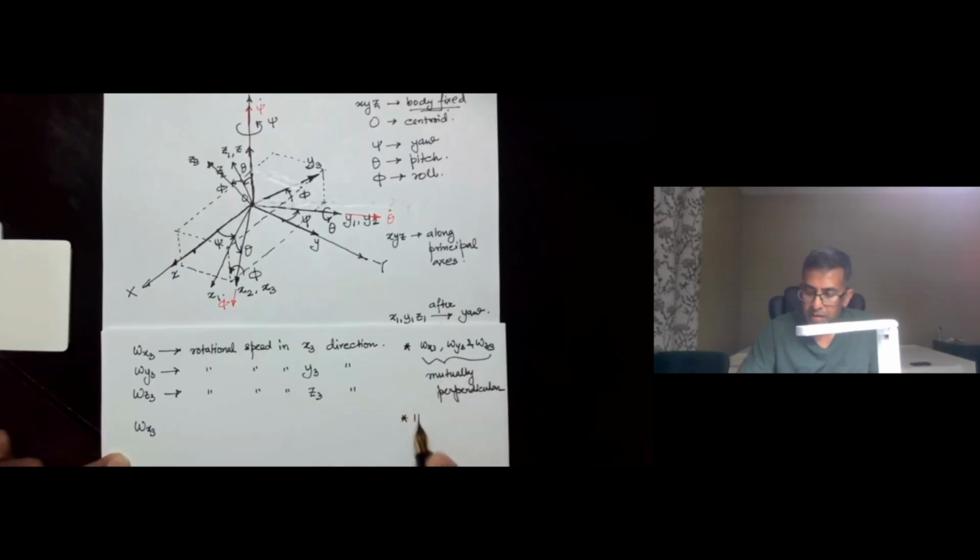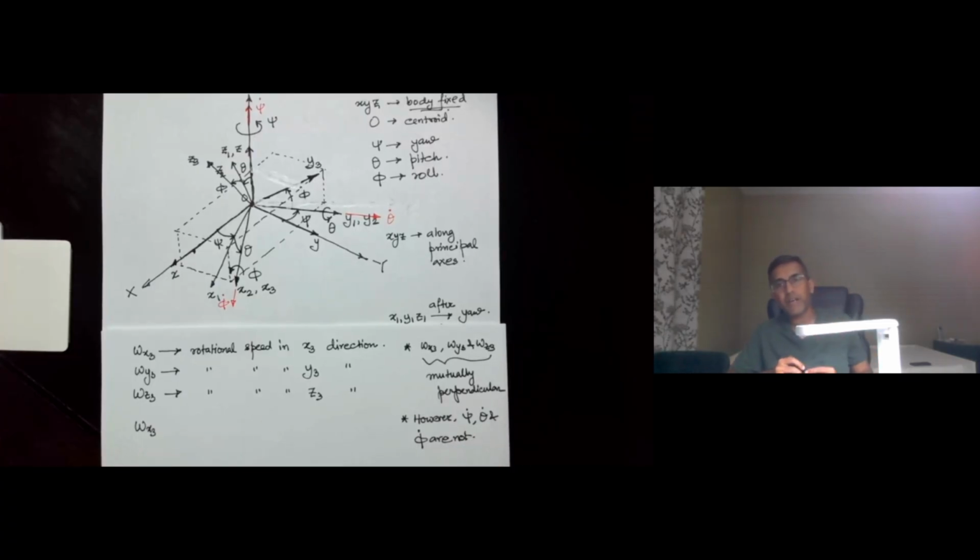However, psi dot, theta dot, and phi dot are not. So essentially, psi dot, theta dot, phi dot are expressing angular velocities in three different directions, and they are not actually mutually perpendicular.